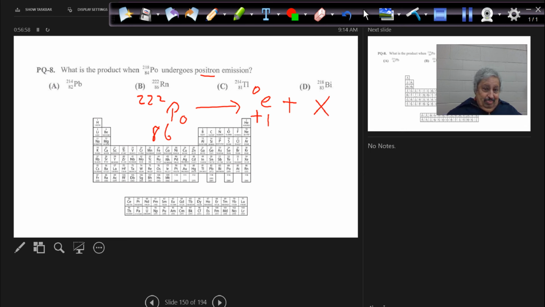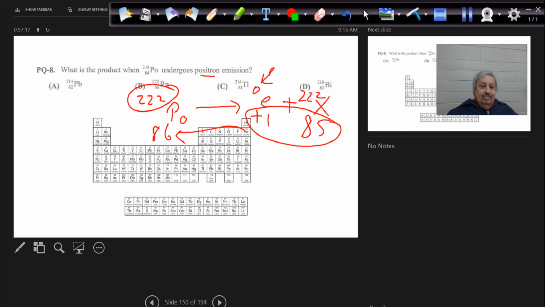So what atomic mass will be in the top? This is 0 here, and here 222. So here will be 222. How about the bottom? 85, because 85 plus 1 make 86. So 85.